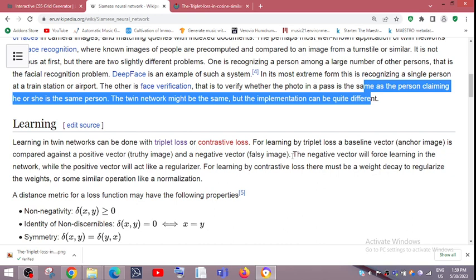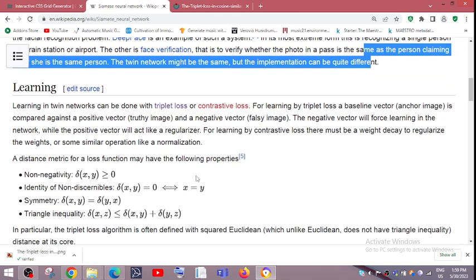A distance metric for the loss function may have the following properties: non-negative, that is, the distance between x and y is greater than or equal to 0; identity of indiscernibles, such that the distance is equal to 0 if and only if x is equal to y; symmetry, that means the function of x and y is equal to the function of y and x; and triangle inequality, you know what it means.